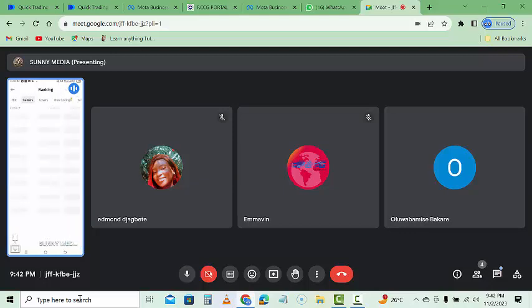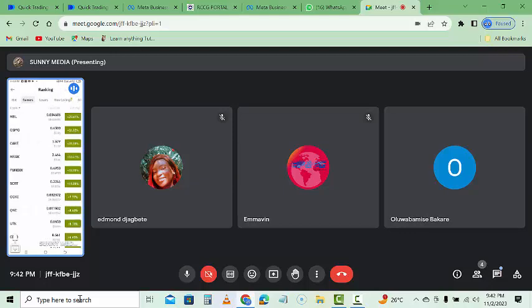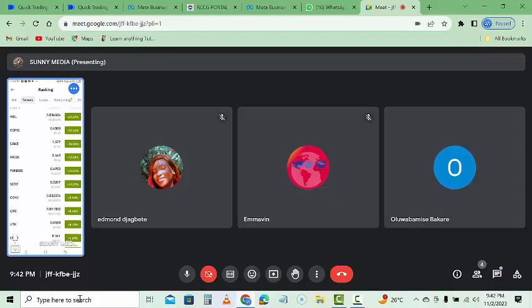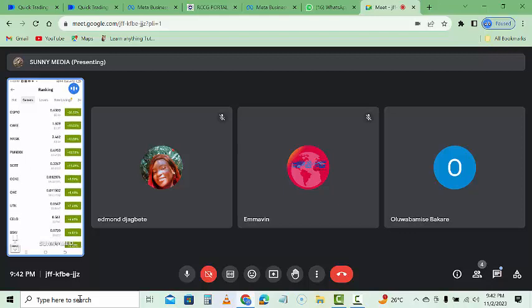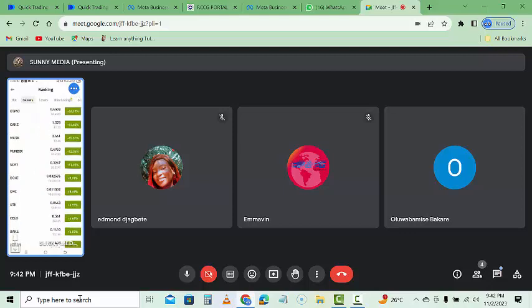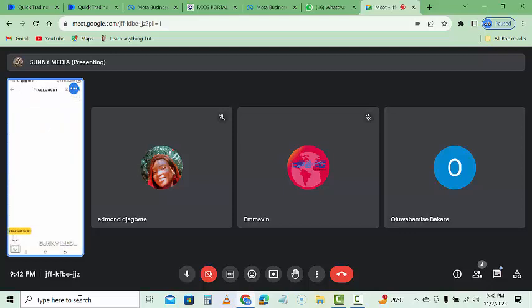If I want to go short, I'll go to the top gainer, look for something to short, and all these ones here. Okay, let's look for this. Nah. There's nothing to trade actually.